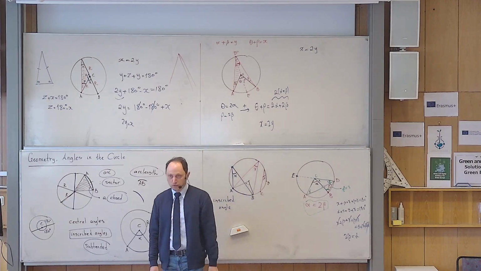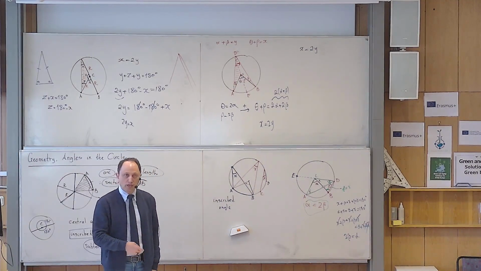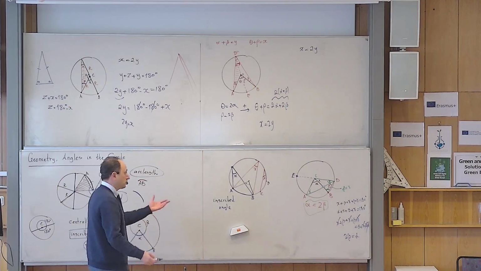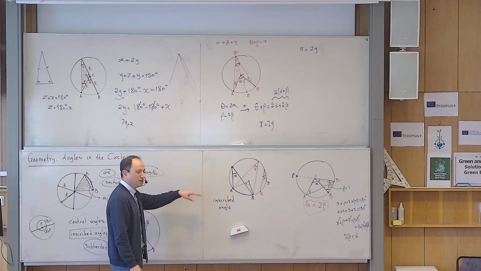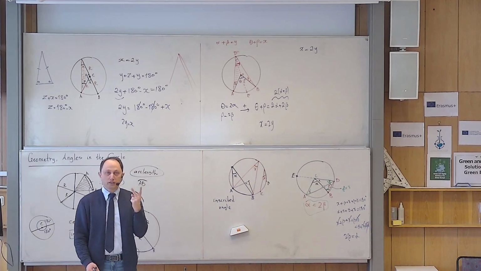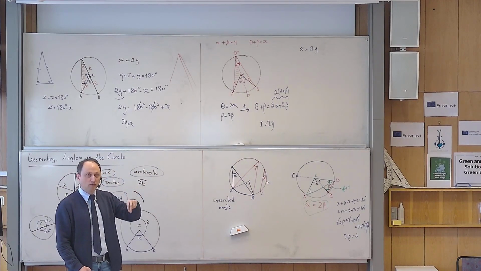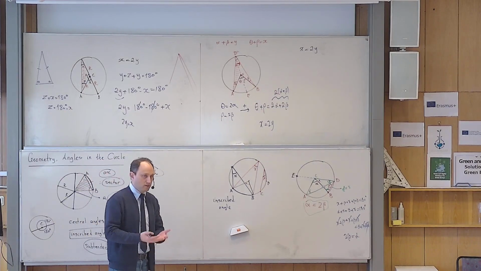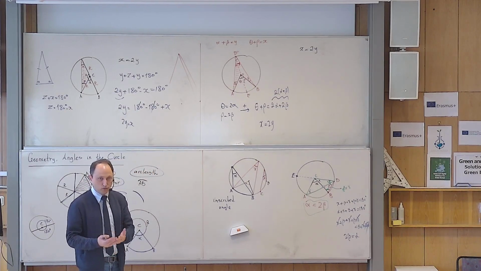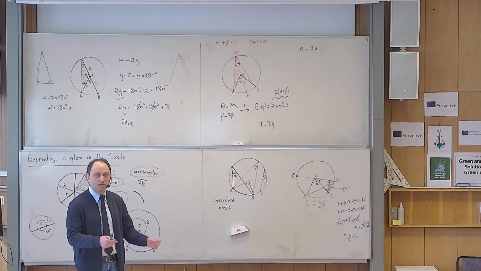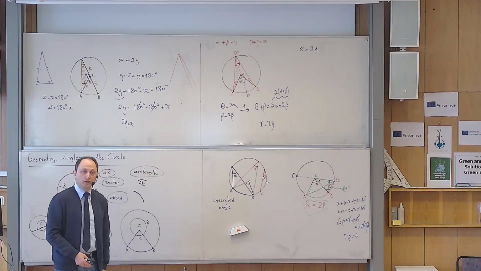But what I expect you to do in the exam is to know this rule and to be able to use it to solve problems. So if I want to summarize all what we did, you can momentarily forget about it if you don't like this, but you need to remember this. If I have two angles in one circle, one of them inscribed, the other one central, and they are subtending the same arc, the size of the central one is 2 times larger than the size of the inscribed one. That is the message of what we have done so far.